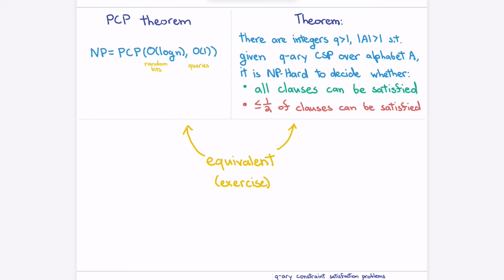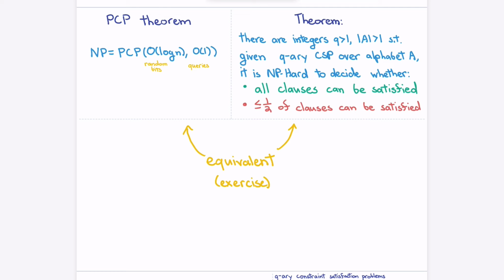Every random bit string should become a clause. You should figure out the bits corresponding to the query bits.